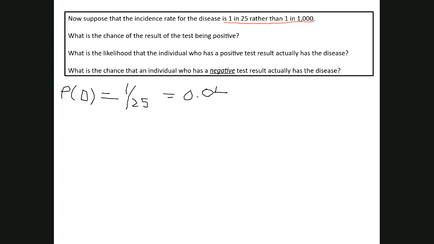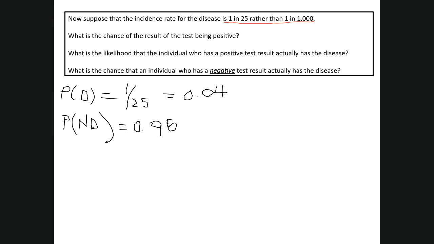And so the probability that the person does not have the disease is 1 minus that, or 0.96, right? And that's the only thing that's changed.